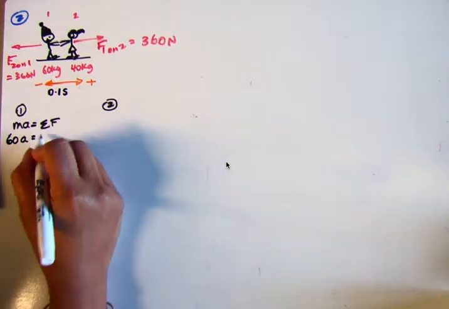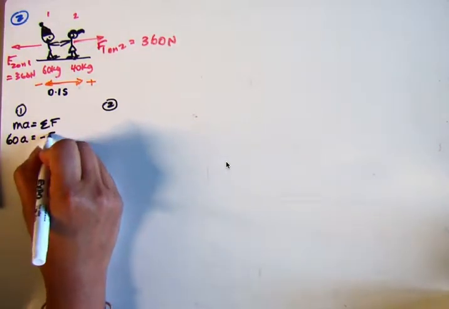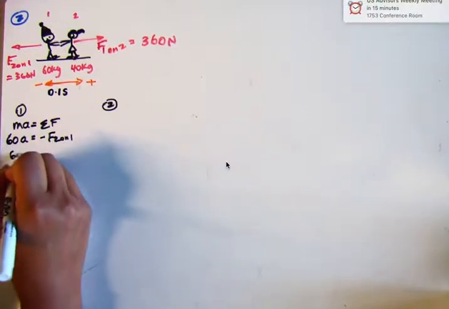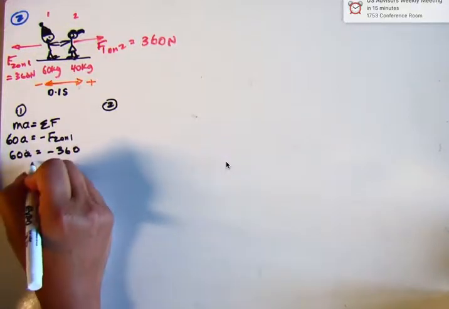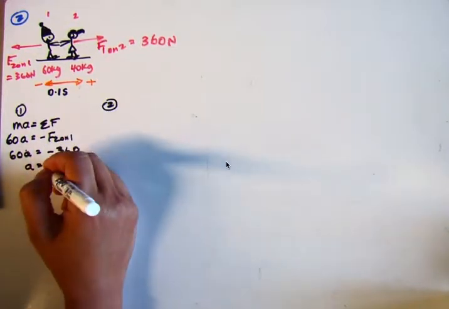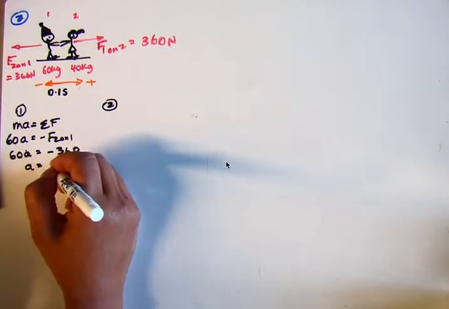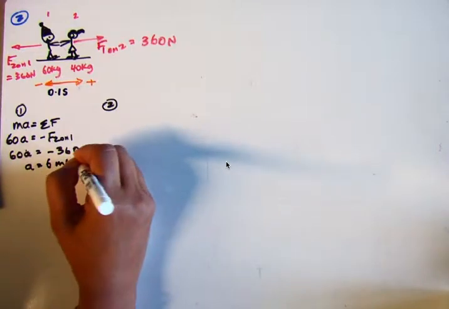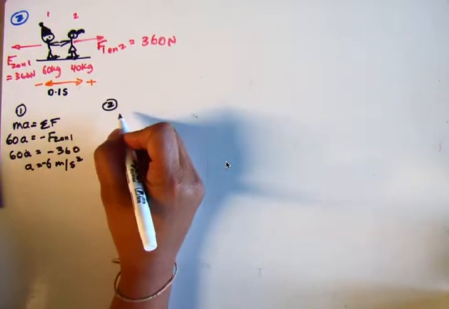That would mean the sum of the forces is negative, F of 2 on 1, so 60a equals negative 360, so a equals 360 divided by 60, which is 6 meters per second squared, negative 6 meters per second squared, because it's backwards.